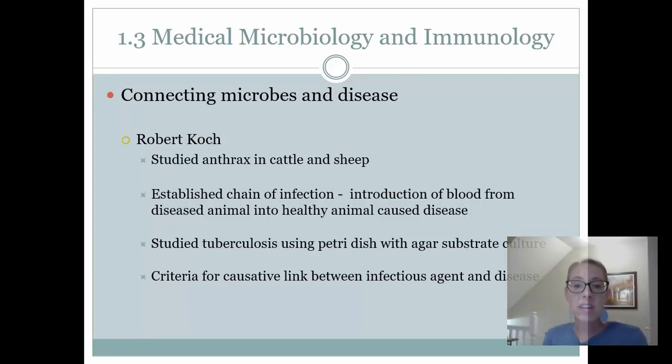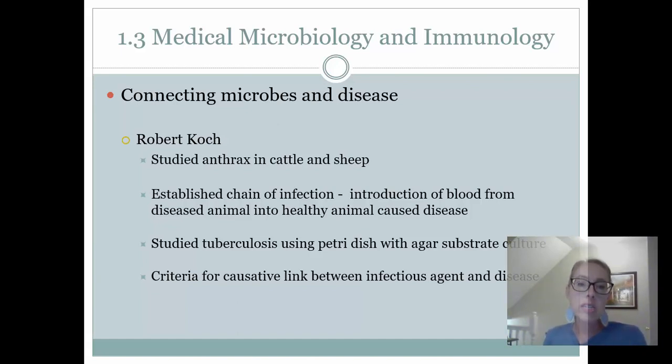The chain of infection basically states that you can take the blood of a diseased animal and assume that it carries your pathogenic microbe, and you can introduce it into a healthy animal, and by doing so, you can cause the disease in that healthy animal. So again, really it's just the idea of transmitting microbes and causing diseases.